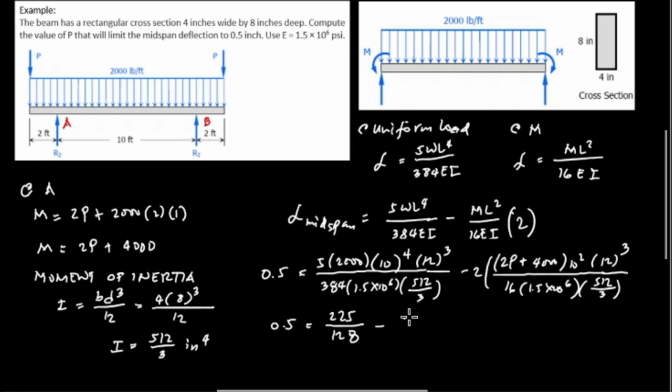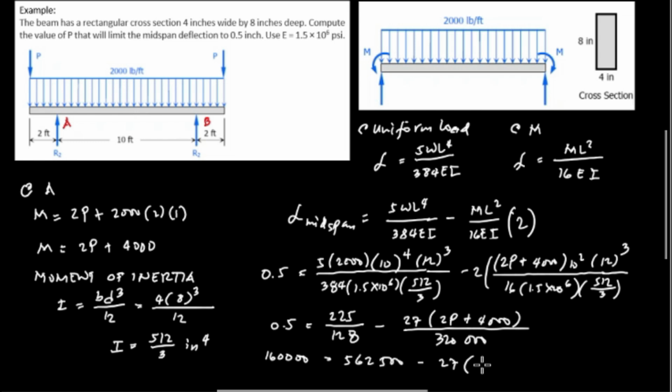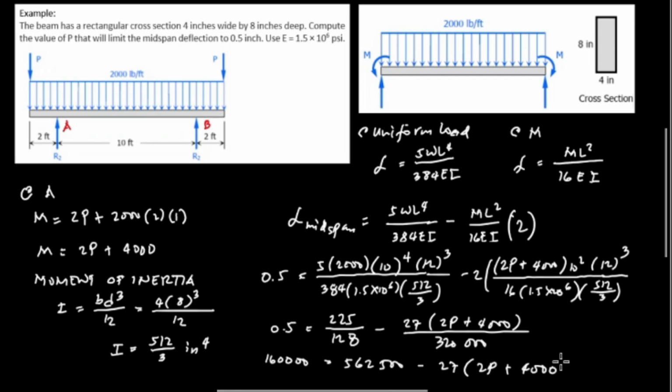So that's 27 in terms of fraction, multiplied by 2P plus 4,000, and we divide by 320,000. So 320,000 times 0.5, so that's 160,000, is equal to 225 times 320,000 over 128, so that's 562,500, minus 27 multiplied by 2P plus 4,000, close parenthesis.